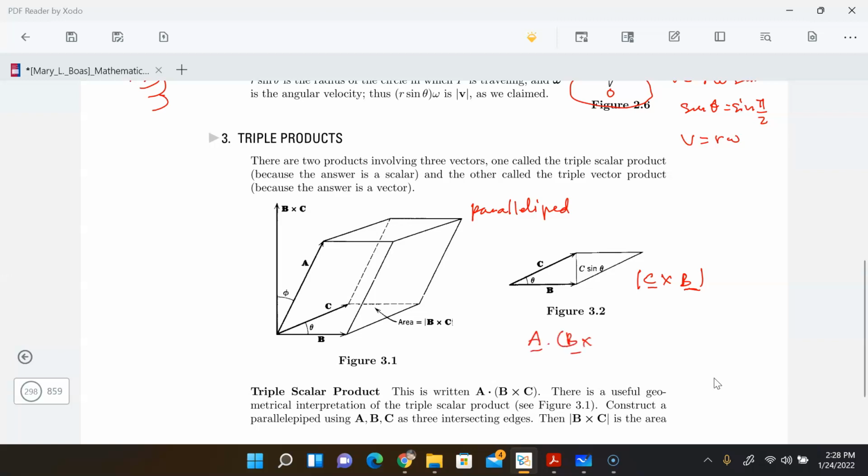So this gives you the volume. I'm not sure how much of this you have been exposed to, but I'm just going through these ideas quickly.